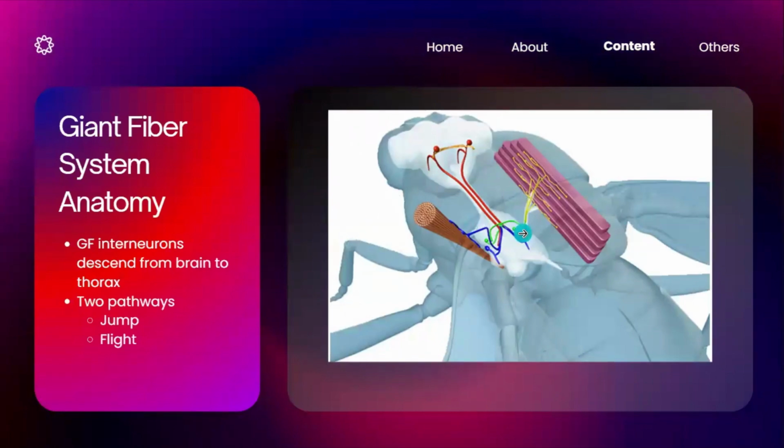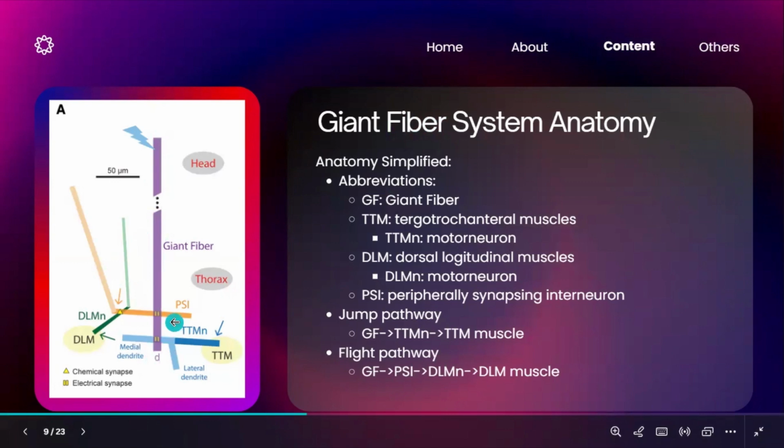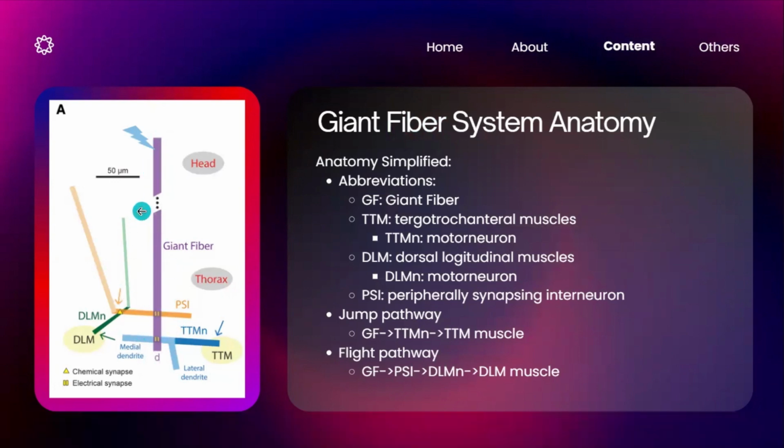So if we remember the giant fiber system anatomy, we had these interneurons that descended from the brain to the thorax, and they had these two pathways for jumping and for flying. And again, here we see a more simplified version of the schematic. GF represents the giant fiber here.